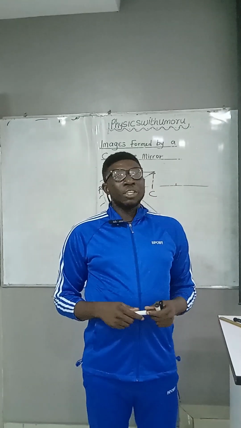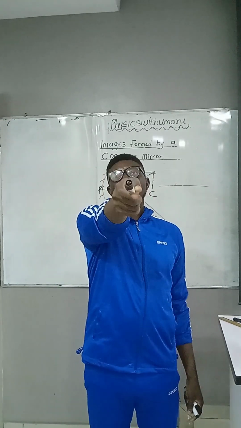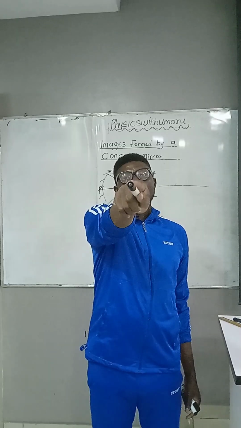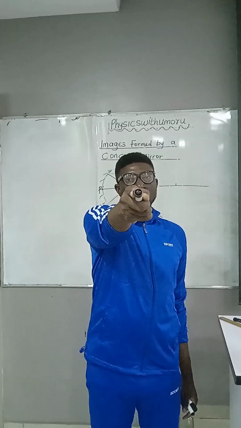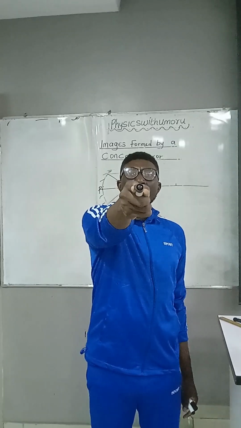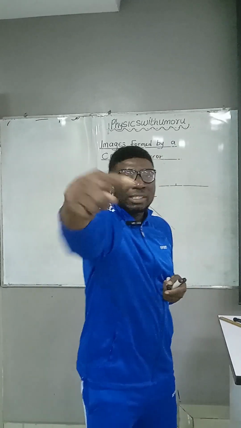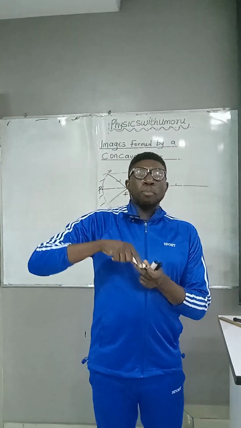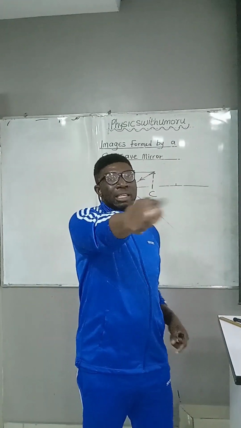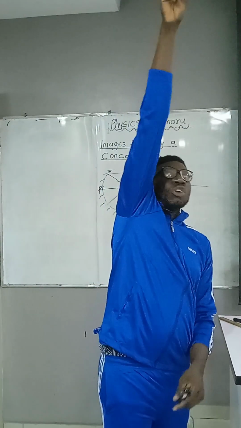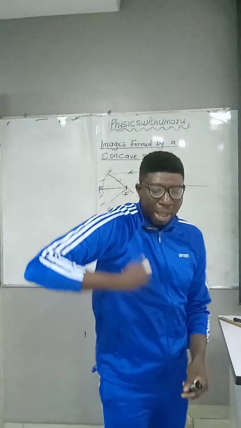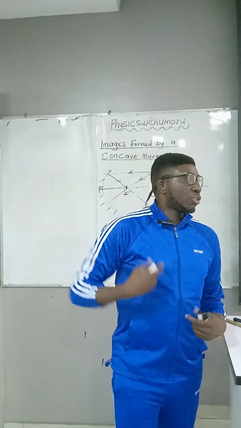Like, for example, you know that if you point torchlight this way, just parallel or in a way that is perpendicular to a wall, in this format, you notice that the ray is going to return through the same path to you. If you point the light diagonally, let me say this way, you notice that it's going to reflect in another direction, but if the same torch is taken to the other direction, it's going to return back the former way you used.